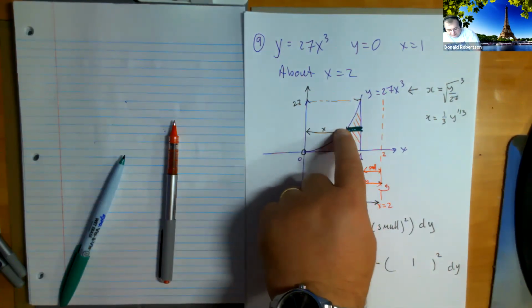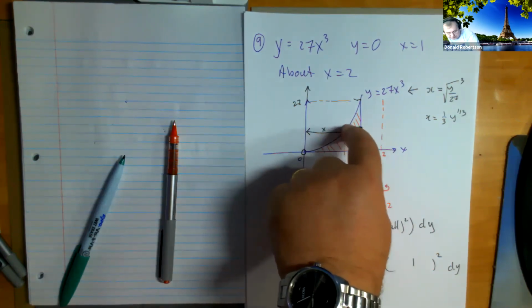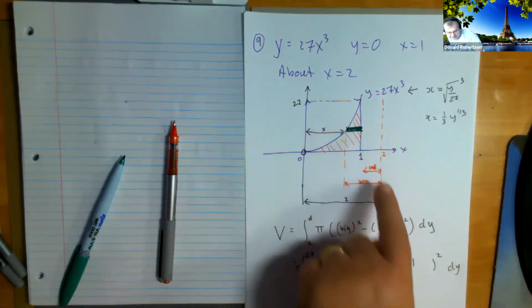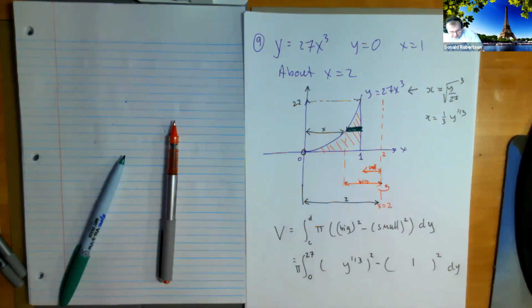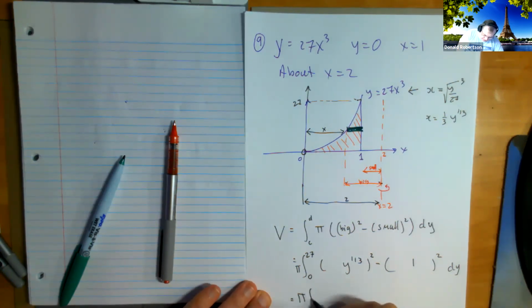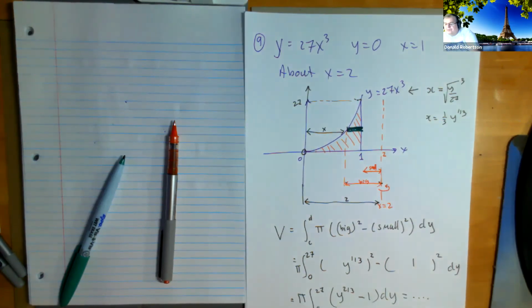So that x distance and that 2 distance, if you subtract them, that's this distance, the one we're calling the big radius. So this squared, taken with the small radius squared, now gives us y to the 2/3 take away 1. And now it's just ugly power rule with fractions.